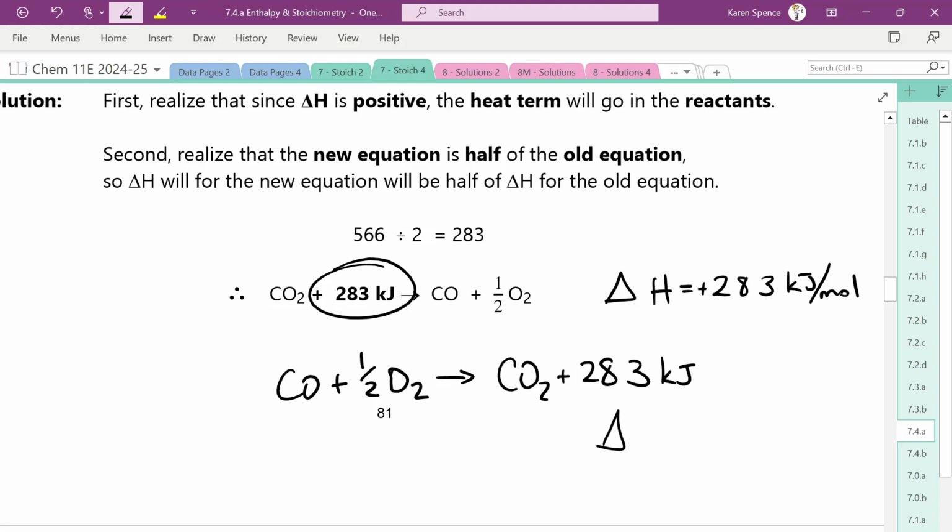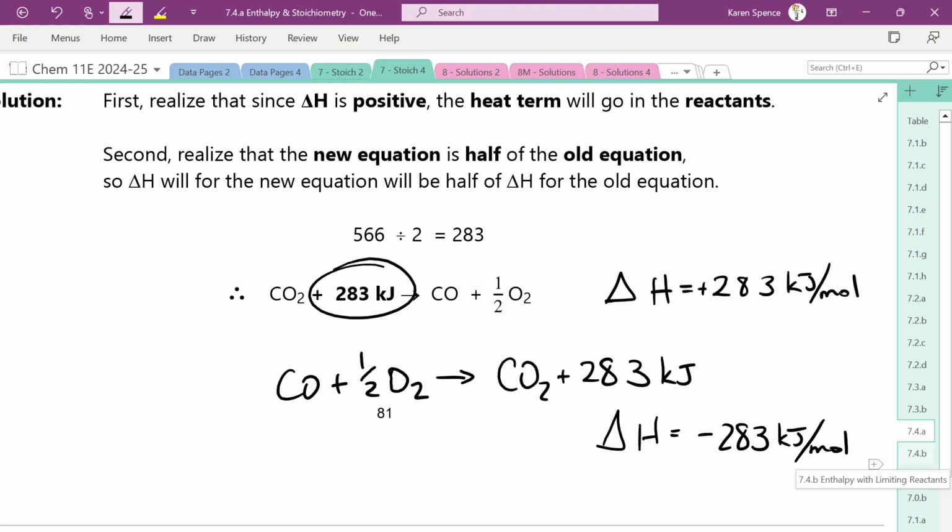So our delta H would be negative 283 kilojoules per mole. And of course, you can both multiply it by 2 and switch it around, or various things like that. But that's it.